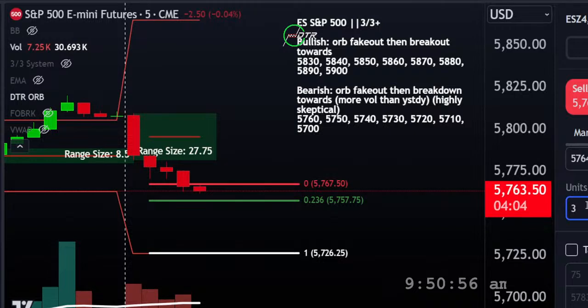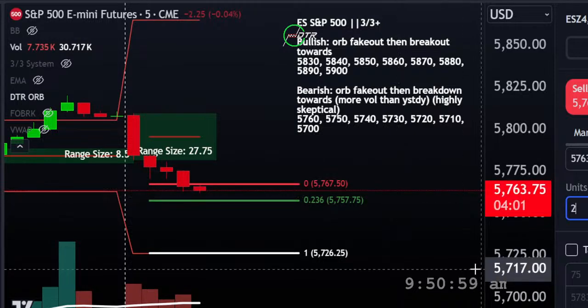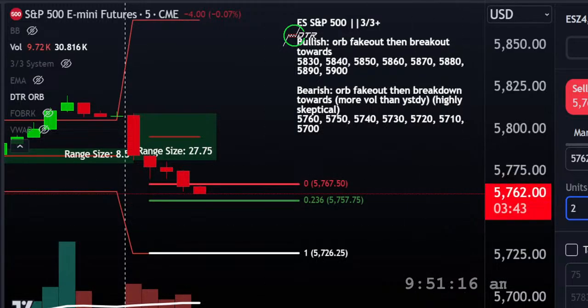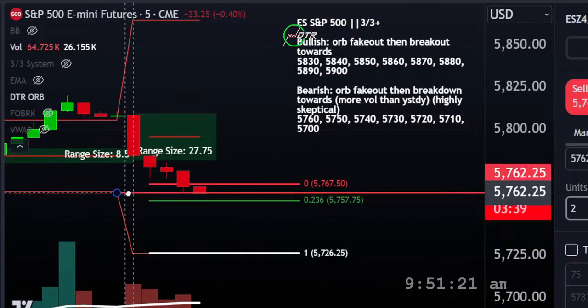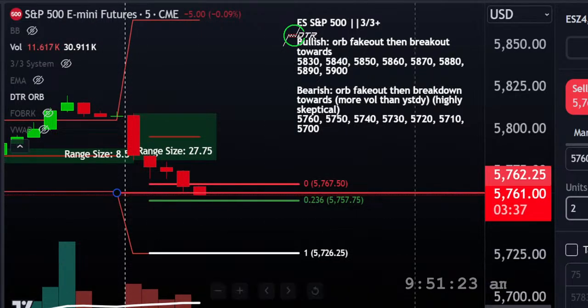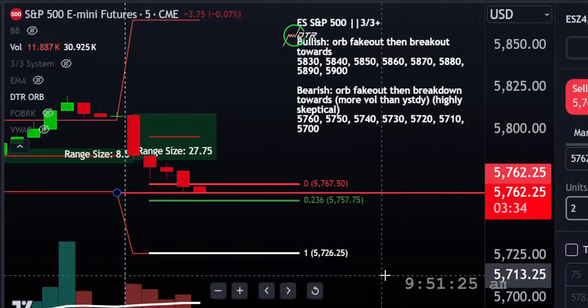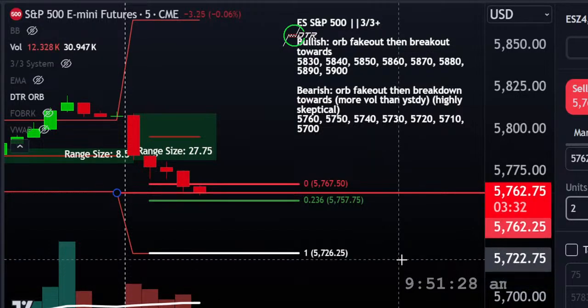And this would be a 2-contract play. So we're looking for elevator down through these lows and then a tick-by-tick pullback into previous low of day, which is approximately here, 62.25, that's not tick by tick.